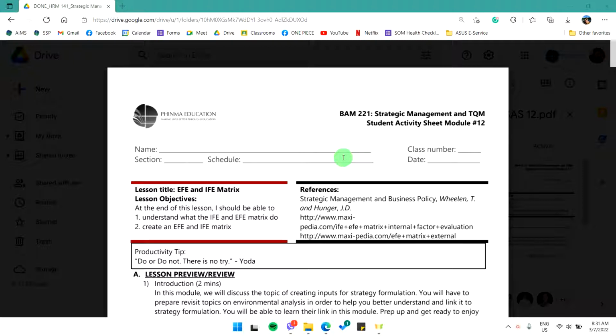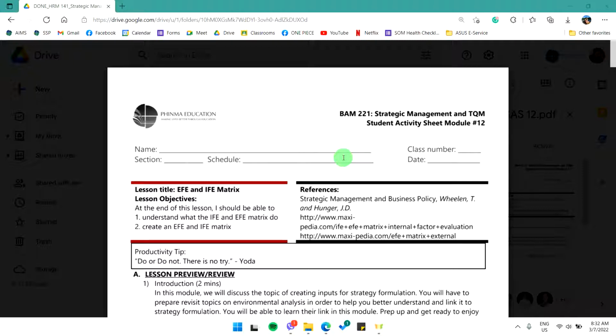Tapos na tayo sa pag-identify ng factors natin sa macro environment or yung societal environment natin with the use of STEEP analysis, our task environment, wherein we have to use Porter's 5 forces, and then sa ating internal environment within our company, identifying our capabilities and turning it into competencies, and then evaluating those strengths and weaknesses or yung ating competencies with the use of the VRIO framework.